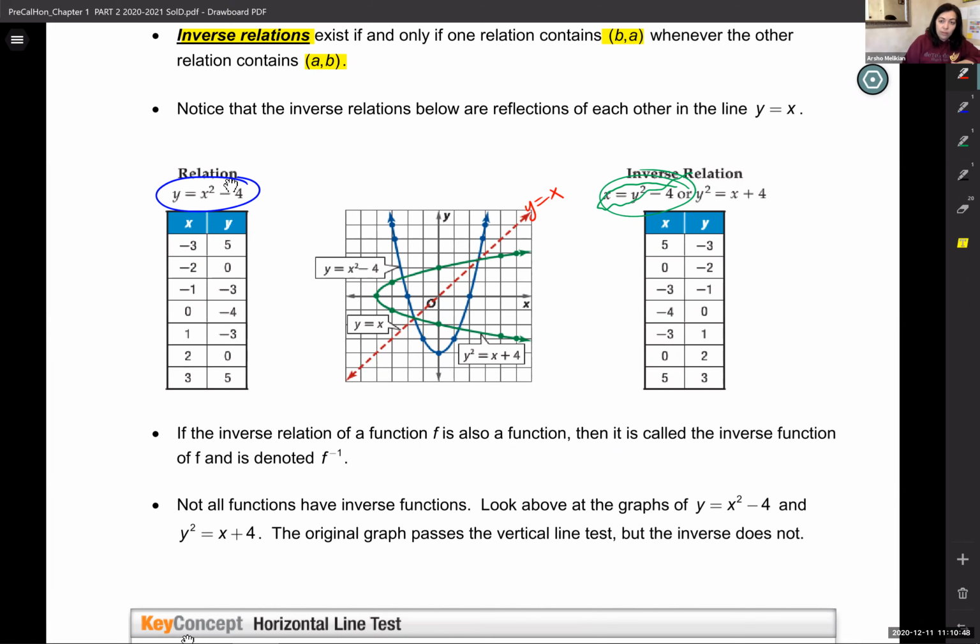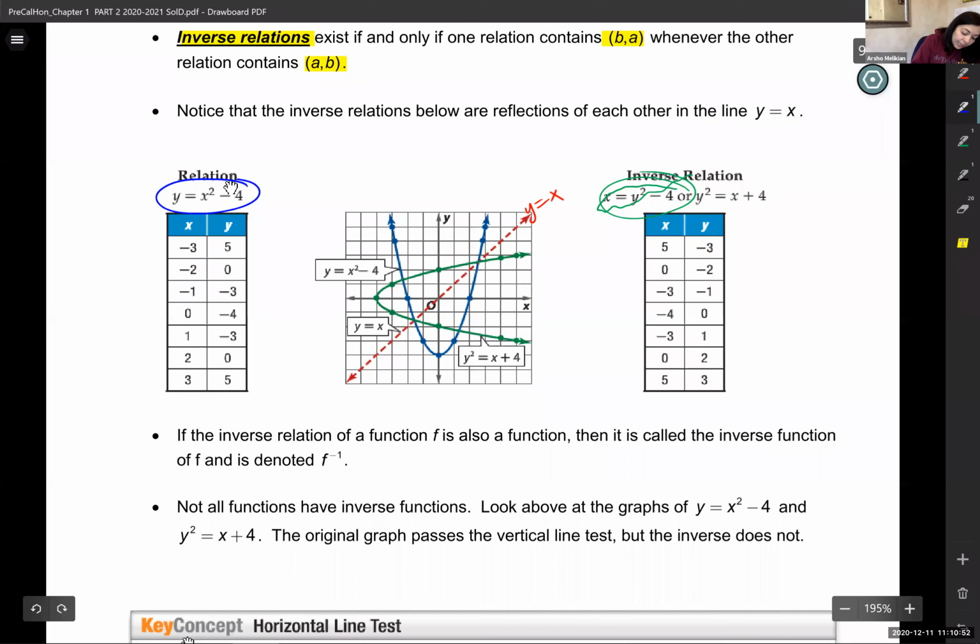red line y equals x, which means if I were to take this blue graph and imagine folding that diagonally along the red line, look at what happens. Each of these points matches with one of the points on the green. Do you see that?